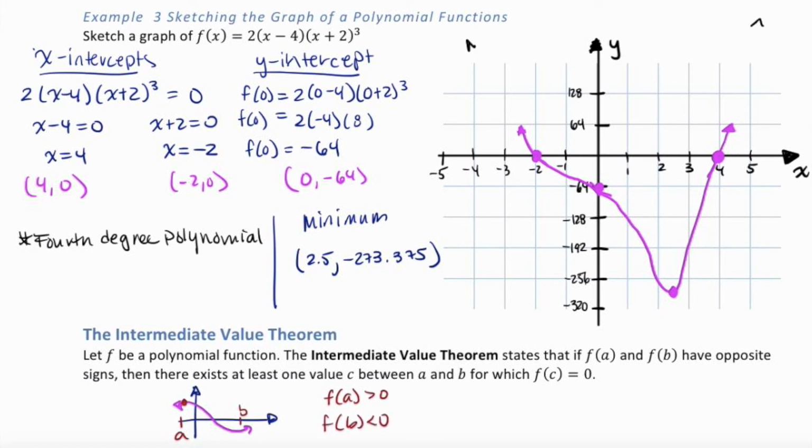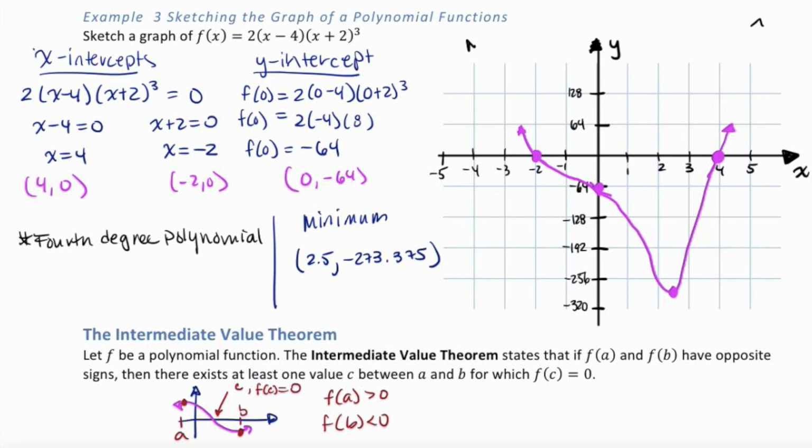Because f of a would be here, and f of b would be here. Because of this, I have to cross the x-axis. Since polynomials are smooth and continuous, there's no way I can get from the positive side to the negative side without crossing the x-axis, and this here is the point c, and f of c equals 0. So this is what the intermediate value theorem tells us and looks like.